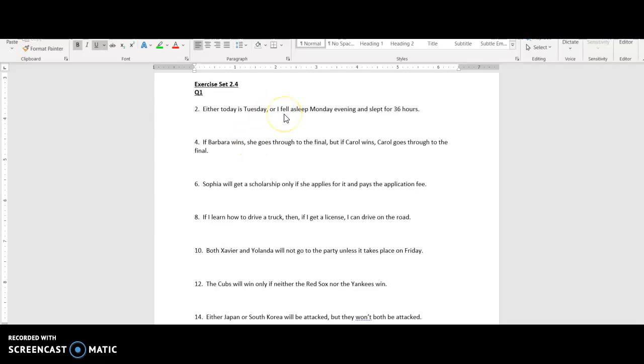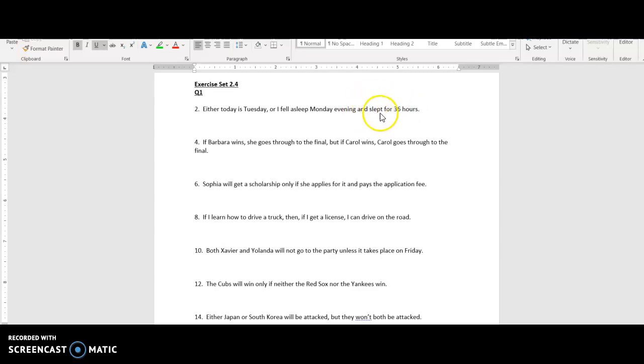Or think of it this way. What's the better way to read the sentence? Either today is Tuesday or I fell asleep Monday and slept for 36 hours. If that's the best way to read it, then the or is the main operator. The other way you could read it, if and was going to be the main operator, would be like this. Either today is Tuesday or I fell asleep Monday evening, and slept for 36 hours. And hopefully you can see that reading doesn't make much sense, right?